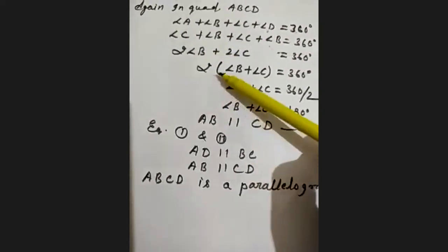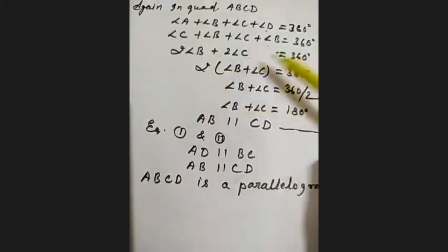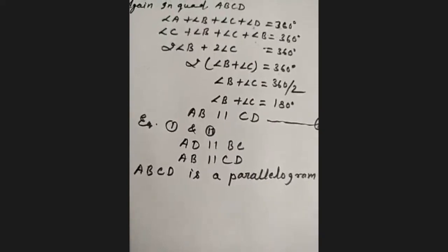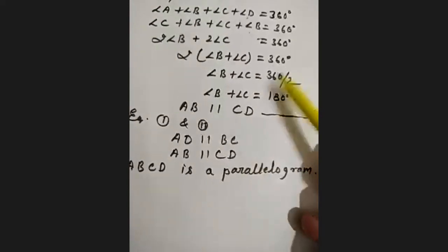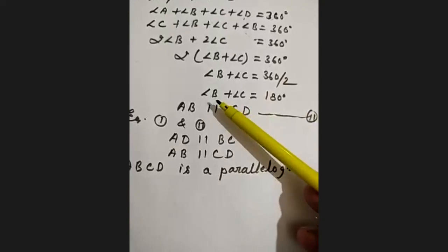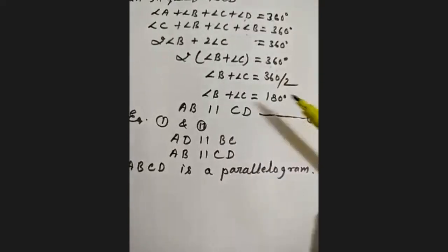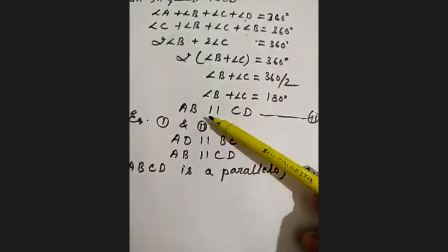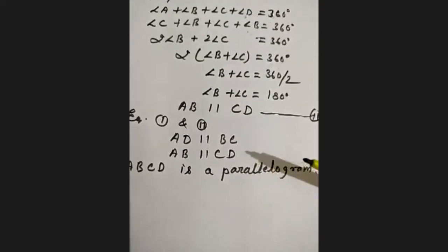Here C भी ऐड हो जाएगा. 2 हमने कॉमन ले लिया. ठीक है, 2 अपोजिट साइड में जाएगा. Here मल्टीप्लीकेशन अपोजिट साइड में डिवाइड में चला गया. So angle B plus angle C is equal to 180. That means again हमने प्रूव कर दिया कि AB साइड और CD साइड इज अ पैरेललोग्राम.